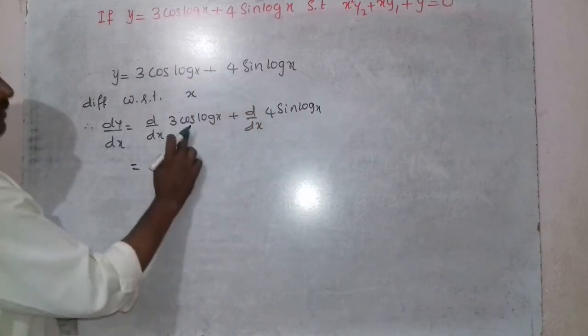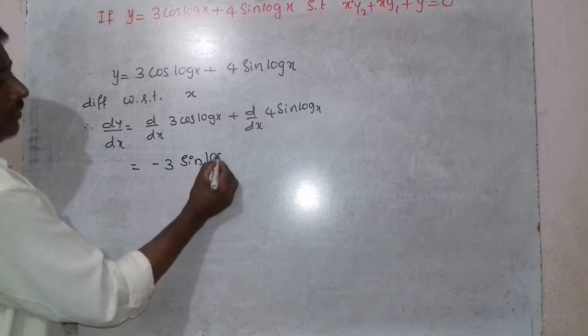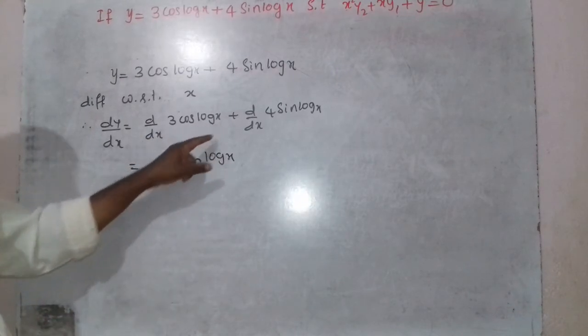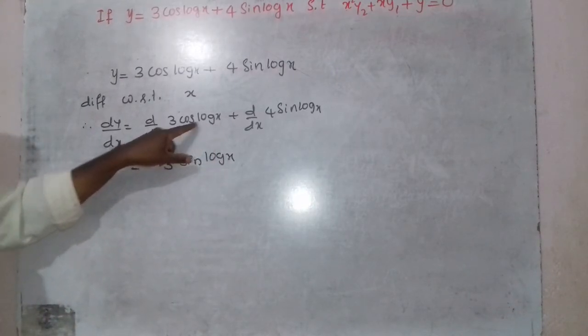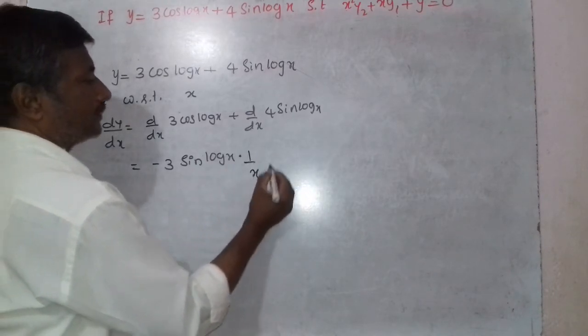Here 3 derivative of cos is minus sin log x, composite function. So after finding cos, find the derivative of log, that is 1 by x.